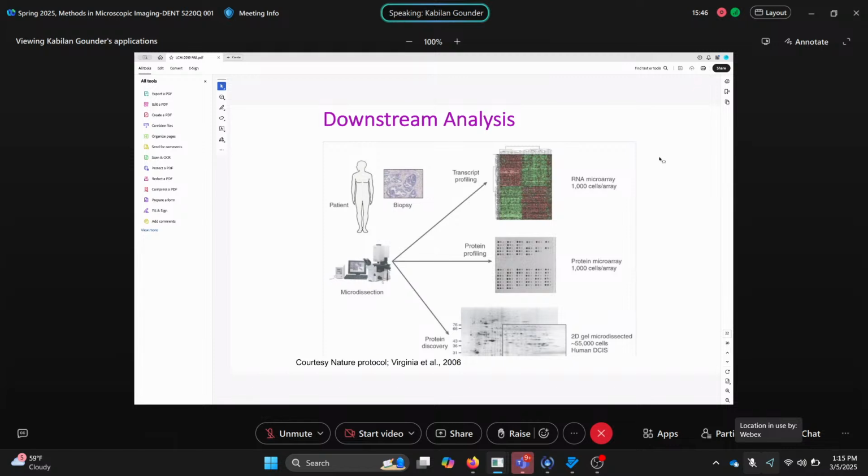So based on what we have covered so far, our goal with laser capture microdissection is to isolate cells from the heterogeneous mass of cells, and to isolate DNA, RNA, or protein. So now, what are you going to do with this? What is the purpose of isolating a cell? That is the question.